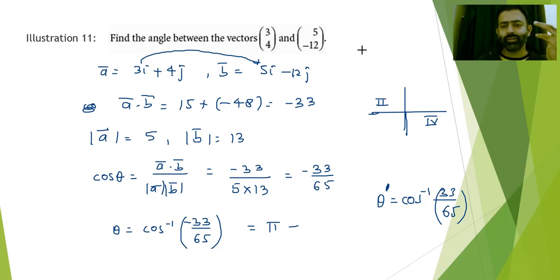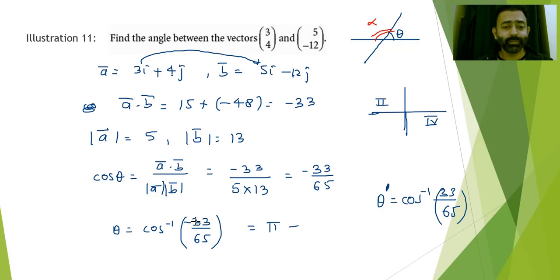If I'm talking about the angle between two lines, let us consider the vectors as just lines. There are two angles basically. One angle is this, which is acute, and another angle is obtuse. I can call this angle alpha as an angle between two lines. So one is acute, one is obtuse. So this cos inverse is negative, that means it is an obtuse angle.